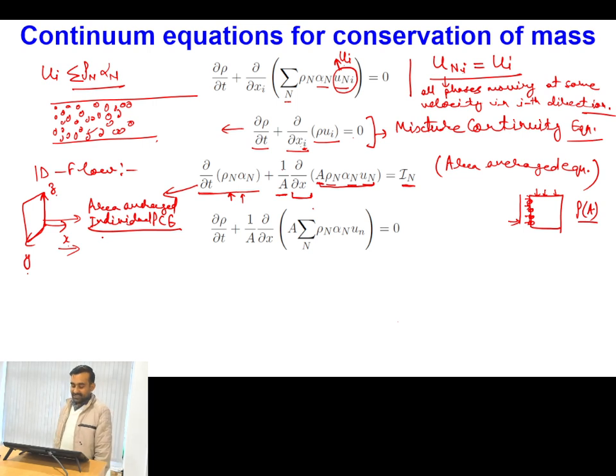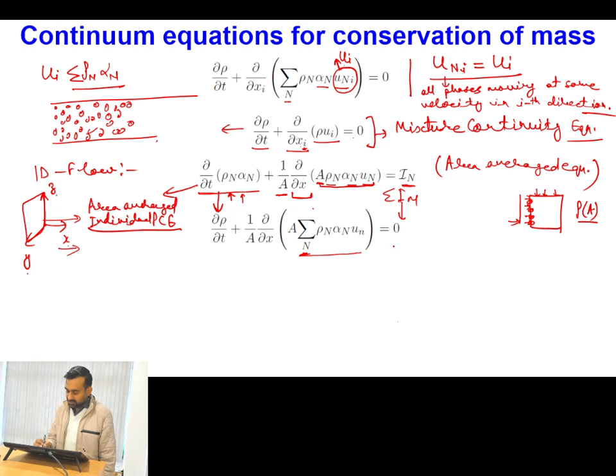Now, if I add the terms for all the n phases, then what will happen? For the first term, I will get del rho by del t, and in the second term, because I am doing summation over n, not summation over area, the area can be taken out of the summation symbol, and all other quantities will come inside the summation, and the summation of the source term will become equal to 0 on the right hand side.